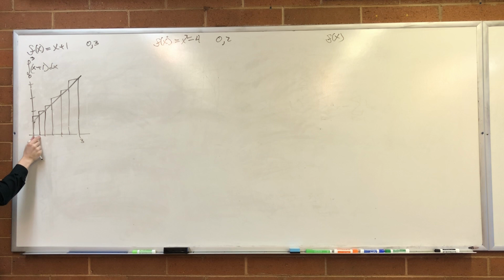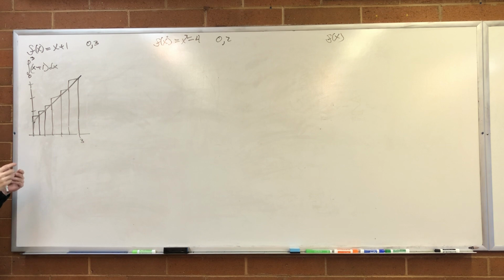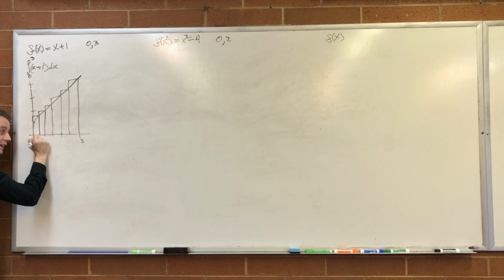This is what portion of that distance? 1/8 of that distance. So it's 1/8 of 3. So this is 3/8.